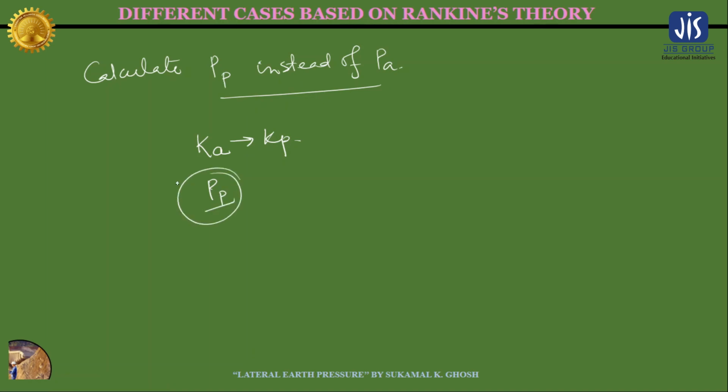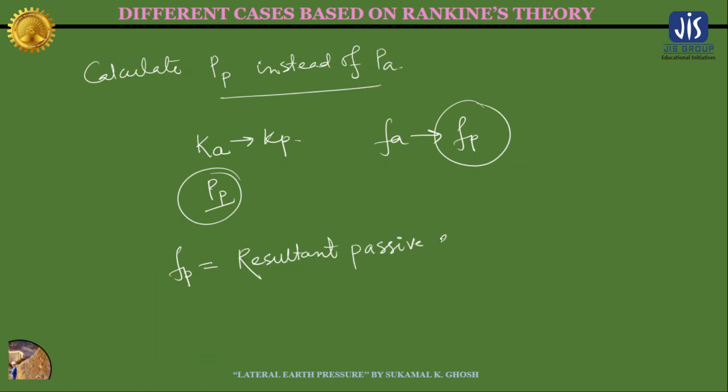We also need to replace the Fa by Fp. This Fp is the resultant passive earth pressure force.